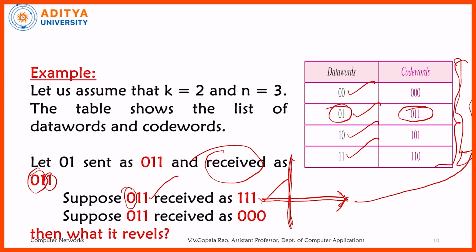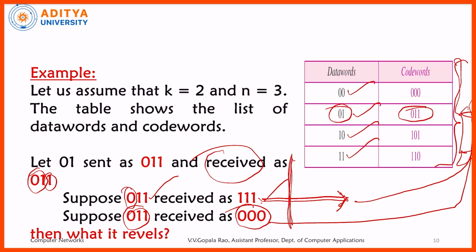Suppose another case: 011 is sent by the sender and it is received as 000. Fortunately or unfortunately, when it is scanned in the list of code words in the table, it matches one code word. In the previous step I mentioned that this procedure tells you at least whether an error has occurred or not, but this is not true in all cases.